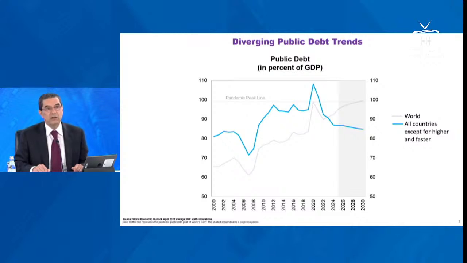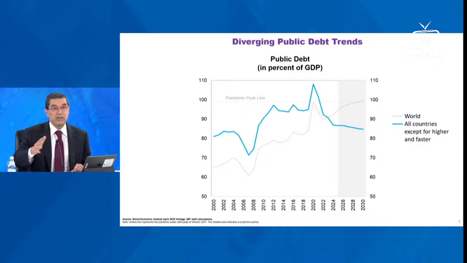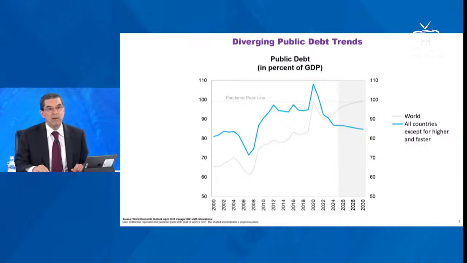In the chart that you're looking at, the blue line represents all countries except for the 59 that I have mentioned before. The two lines in the chart representing the world and representing this remaining 116 countries evolve similarly up to the year of the pandemic.